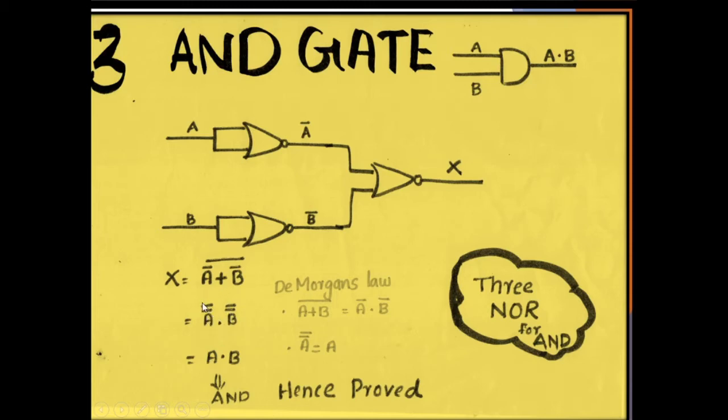So A double bar can be written as A and B double bar can be written as B. So X is A dot B. This is the operation of AND gate. We got A dot B with input A and B. Here we used three NOR gates to implement AND operation.